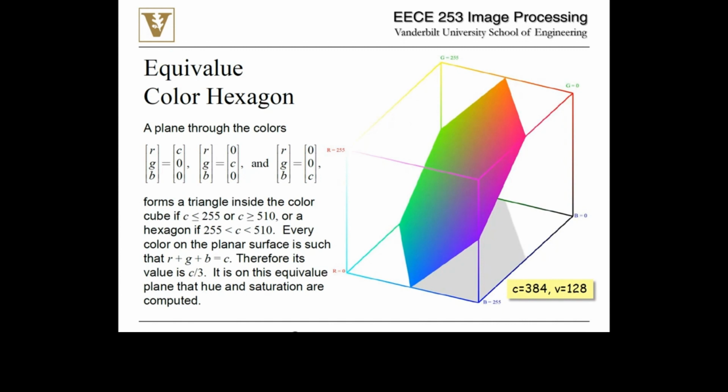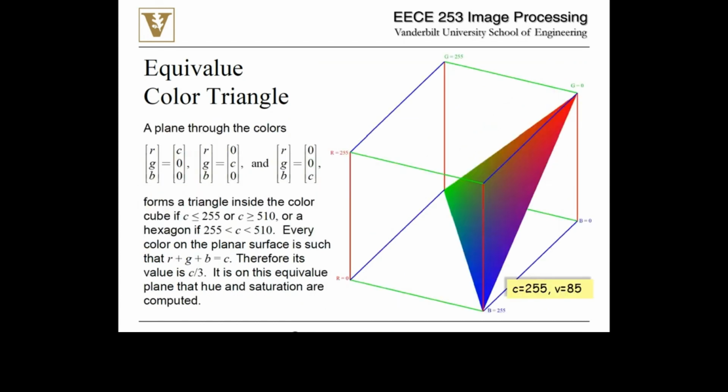Now the intersection is not anymore a triangle, but now the intersection is a hexagon with the color cube. And this happens for all the C's between 255 and 510. So for all the C's that are smaller than 255, this intersection is a triangle.